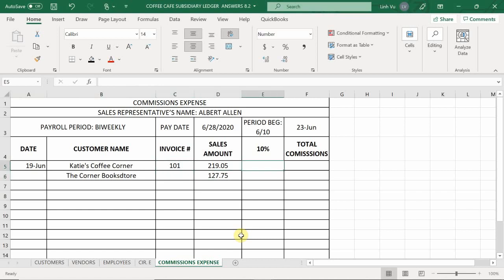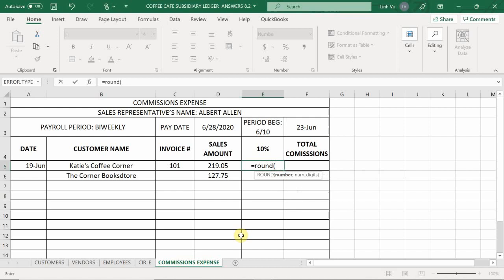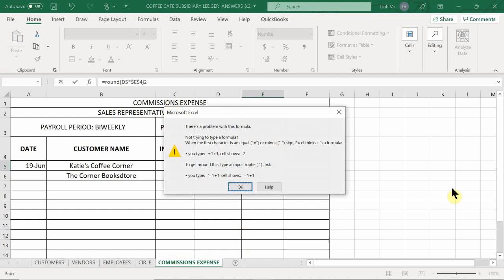Okay. So we have a 10% commission from 219. Let's see. So how much is 10% of 219? $22 or 21.